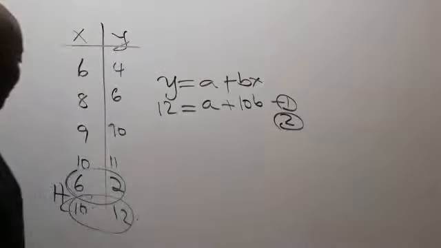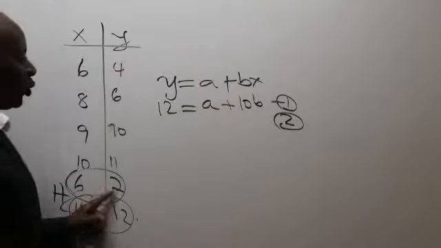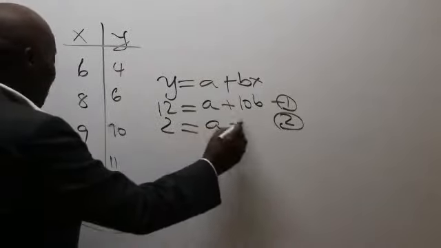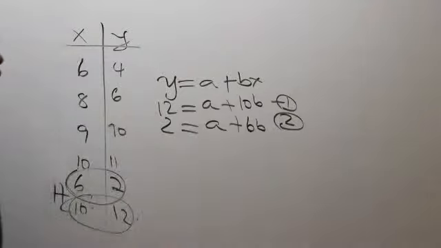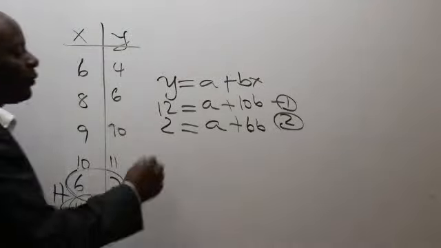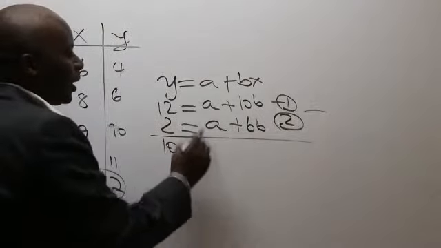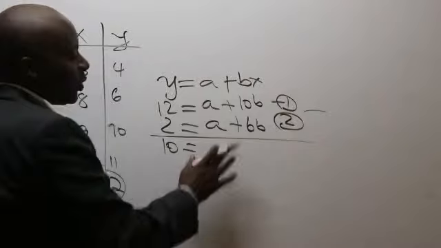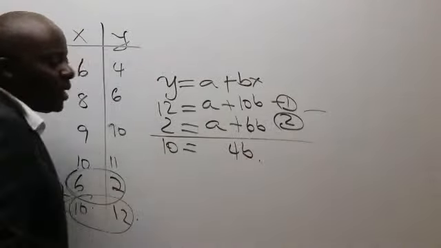Then we have equation 2. Now plug in the lowest: 6, 2. So y is 2. So 2 equals a plus 6b. Please subtract, for you to be able to eliminate a. So 12 minus 2 gives me 10. A minus a disappears. 10b minus 6b gives me 4b.